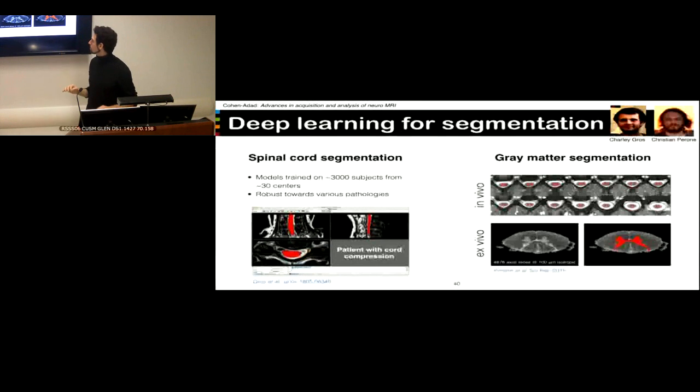It was a radiologist who was interested in finding the morphometry of the gray matter in a very high resolution scan, and so he had almost 5,000 slices, which 10 years ago we would have probably done all manually, and now we can basically do that automatically. So it's quite fantastic.